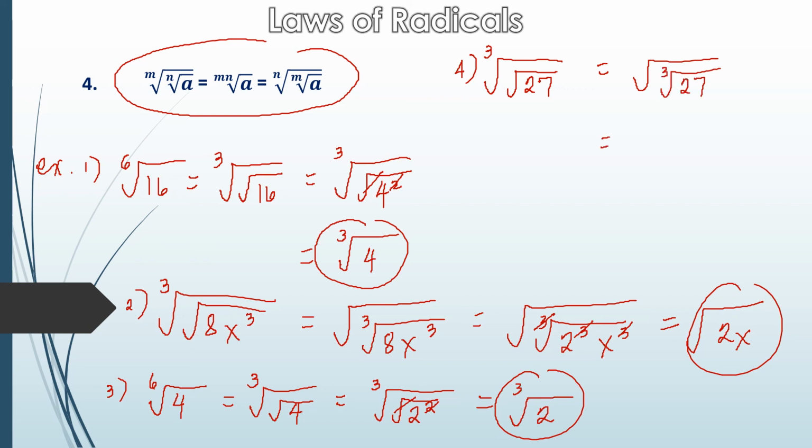Now, if we express 27 in exponential form, 27 is 3 raised to the third power. Applying the first law of radical, the cube root of 3 cubed is simply equal to 3. Therefore, the given expression is equal to the square root of 3.